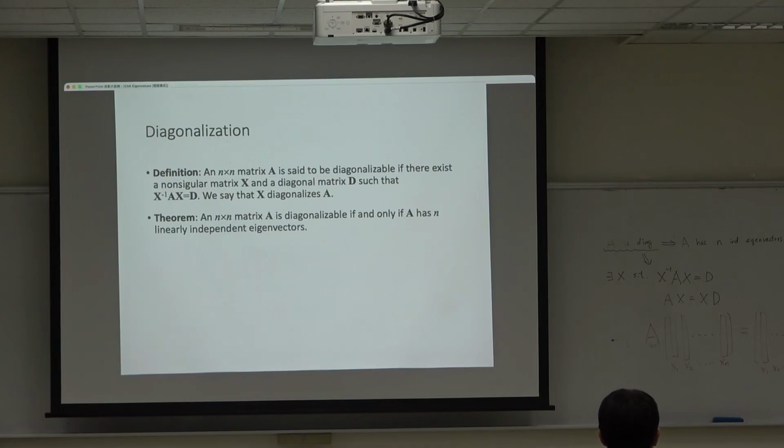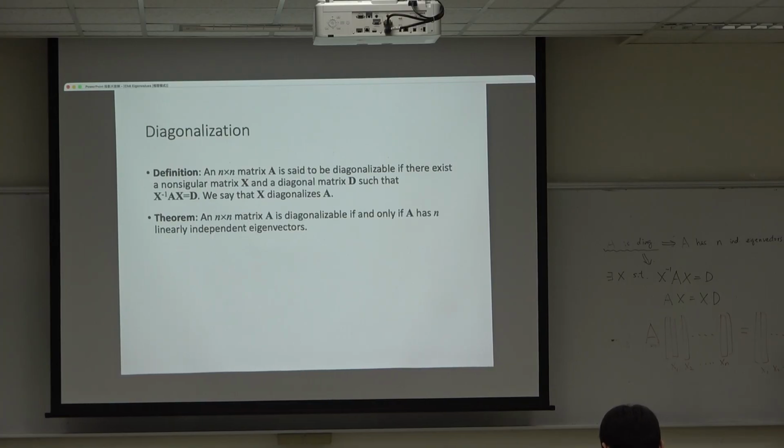We can actually go one step further. What is that diagonal matrix? It is also n by n, but all the other parts are zero.